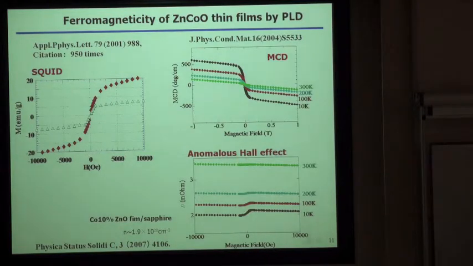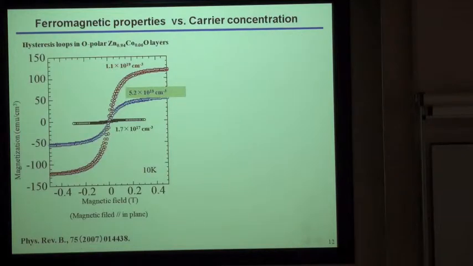We also confirmed the ferromagnetic characters by using magnetic circular dichroism, and the anomalous Hall effect transport behaviors and the magneto-optical behaviors suggest that ferromagnetism occurs in these kinds of materials. And so we would like to control the ferromagnetism by controlling the carrier concentrations.